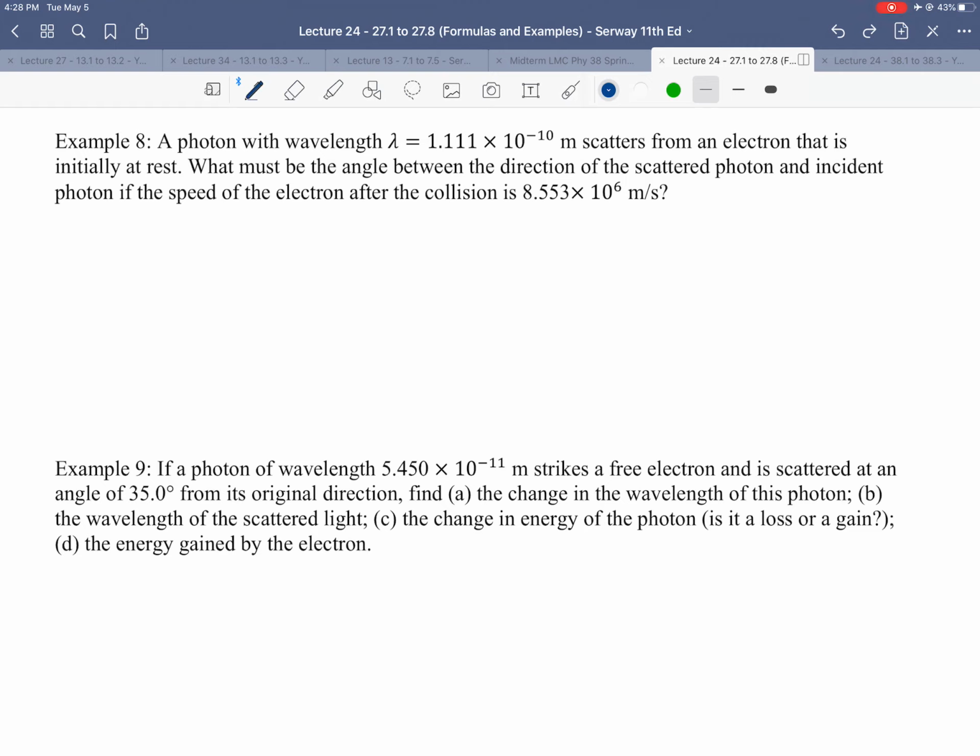So first of all, what we want to find here is the energy of the electron after the collision. So we want the energy gained by the electron.